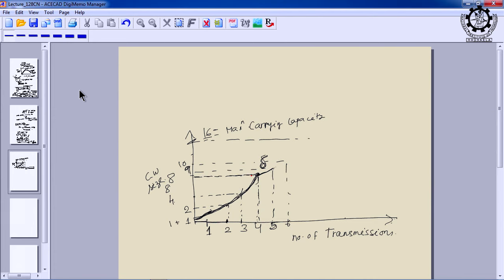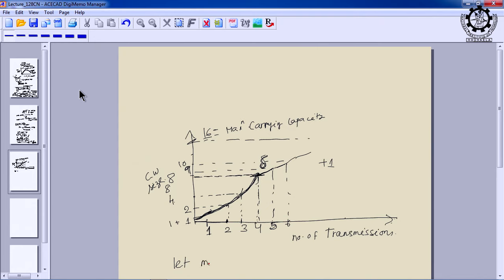Hereafter, though there is a successful transmission, the increment in the segment is linear, that is always plus 1.